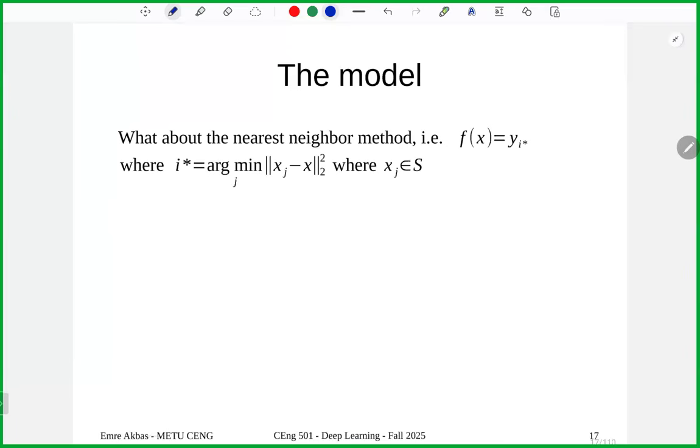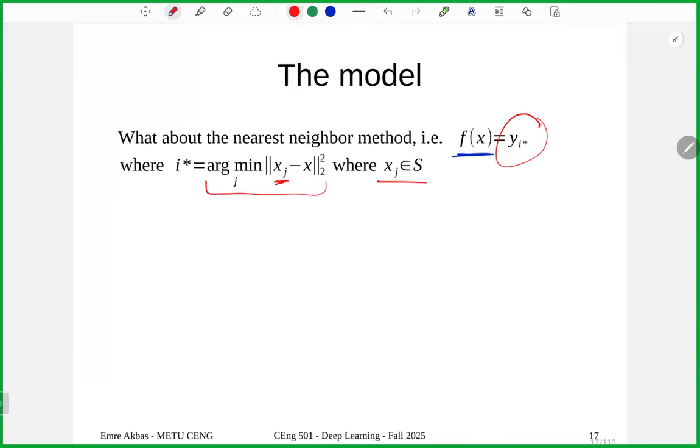Let's look at the nearest neighbor method, the KNN, k is equal to 1. In this method, the model takes input x and returns y I star, where I star is the label of the closest example in the training set. So we search over j, xj is an element of the training set.